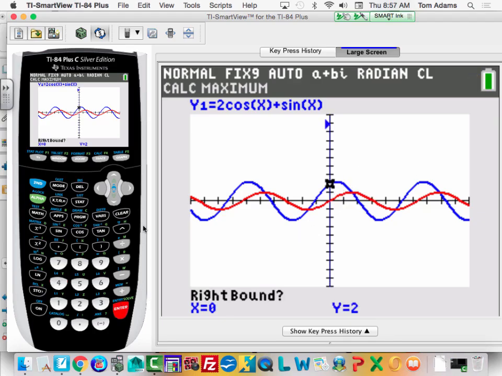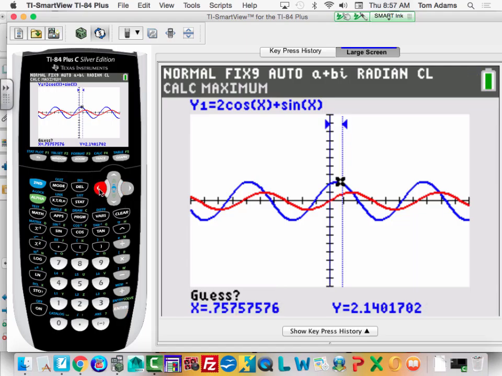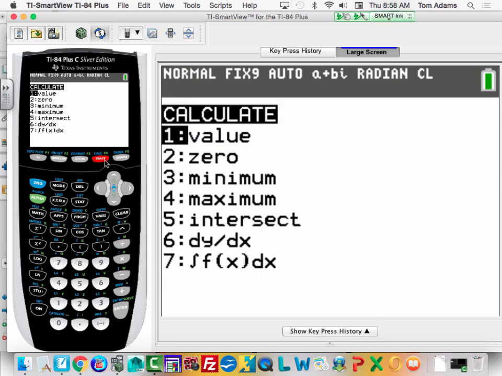I go a little bit to the left of the peak, a little bit to the right of the peak, and to the center of the peak, and the calculator tells me I have a maximum of 2.236. Now I think this is about the x-axis. In other words, if I were to find the minimum, I think it would be negative 2.236. I could just do that real quick to verify.